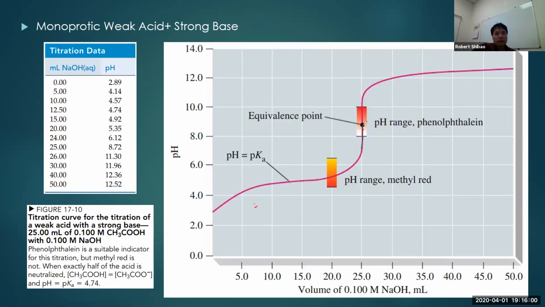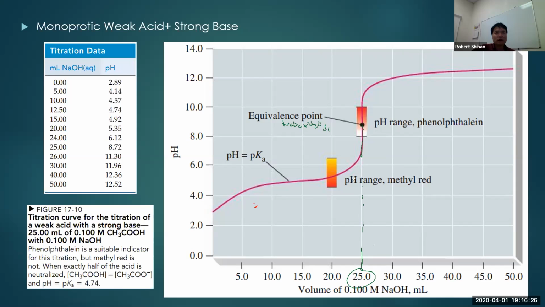The equivalence point here is once I've neutralized all my acid, so there's no more excess acid. I'm just left with salt and water. The salt is sodium acetate. And I've neutralized all the acid. Well, how much sodium hydroxide did it take to neutralize all of it? 25 milliliters.